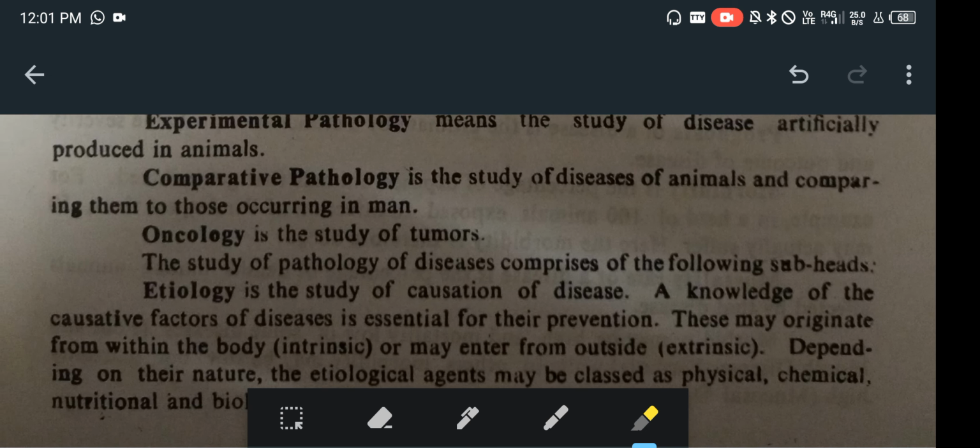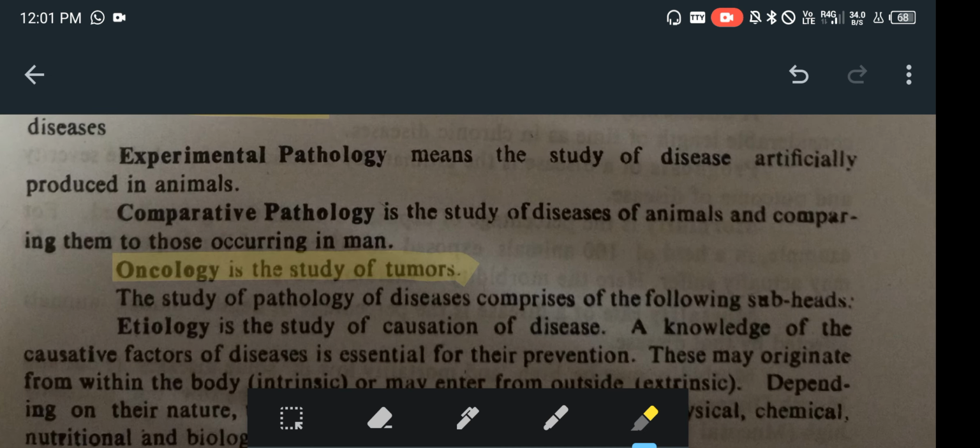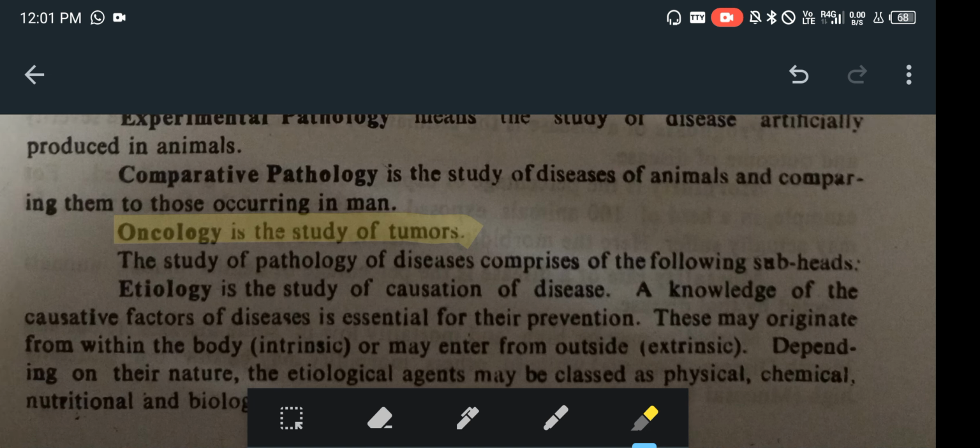Now, what is oncology? It is important. Oncology is the study of tumors. These are all the parts of veterinary pathology. Now, etiology. Etiology is a main word which will be repeated several times in the course of the syllabus. It is the study of the cause of the disease.